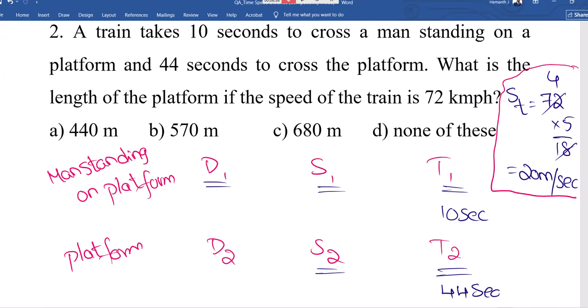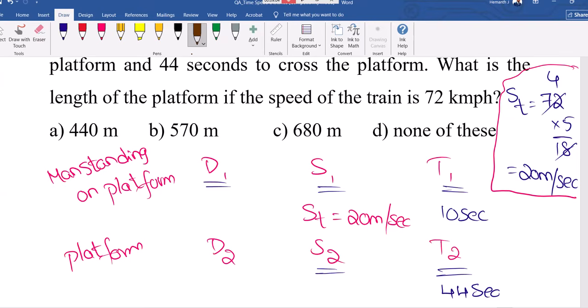Now timing is fine. I want distance and speed. What is the speed in the first case? Train crossing a man standing on platform. Is the platform stationary? Is the man standing stationary? Only which is moving here? Train. So train speed is 20. Second case, train crossing platform.